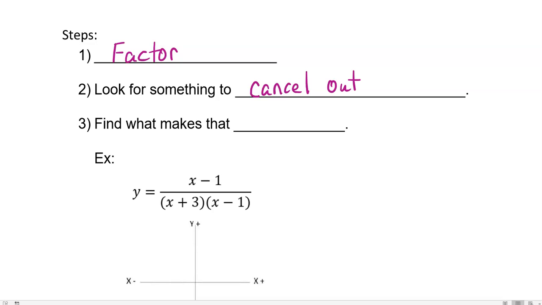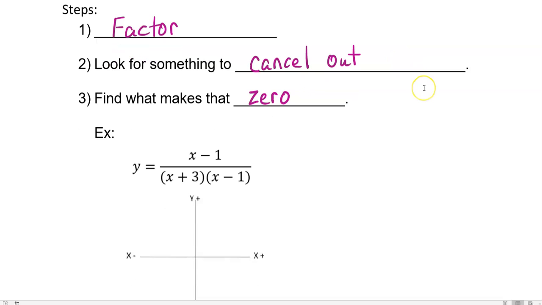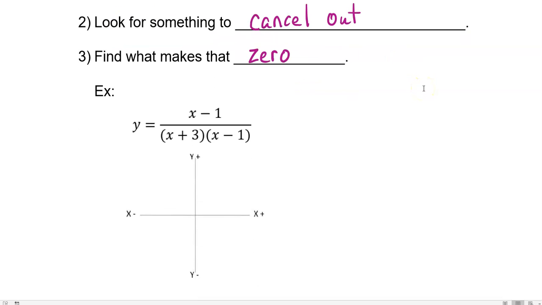What you're going to do once you determine that there's something to cancel out is you're going to find what makes that piece 0. In other words, what can I plug in for x and turn that into a 0? All right, so we're going to look at our first example here. And is there something that we want to cancel out?